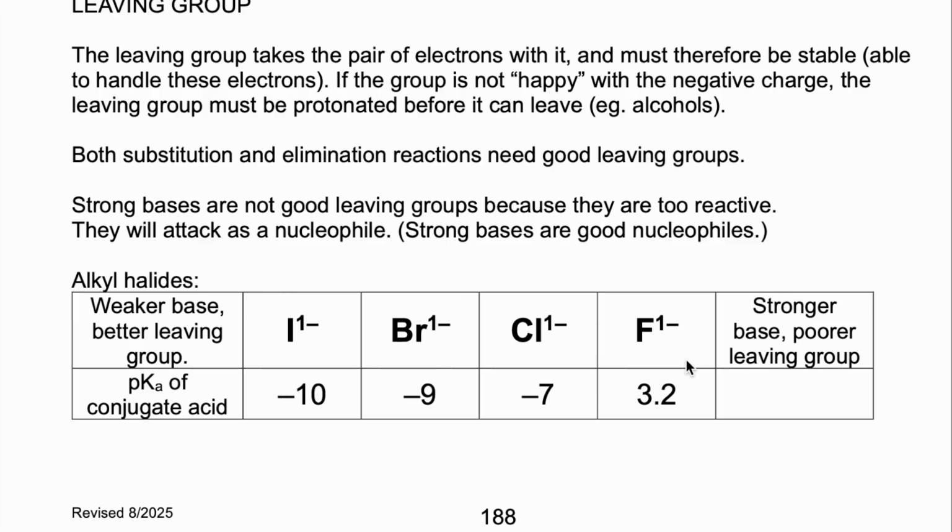So just looking at the halogens and comparing them to each other, looking at the conjugate acids, HI is the strongest acid, even though all of these are very strong. They have pKa's lower than 0. HI, HBr, HCl are all very strong acids, completely dissociated in water.